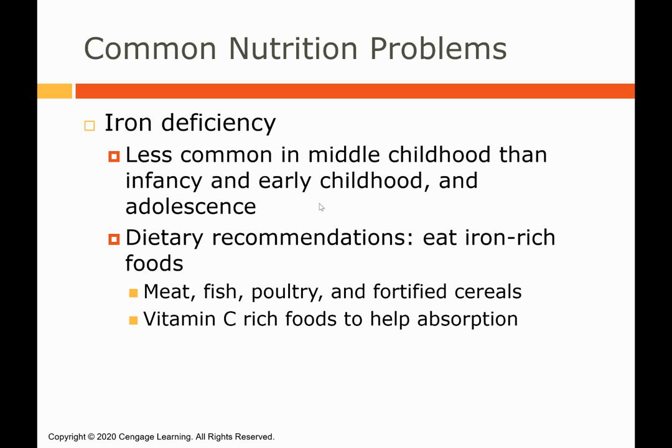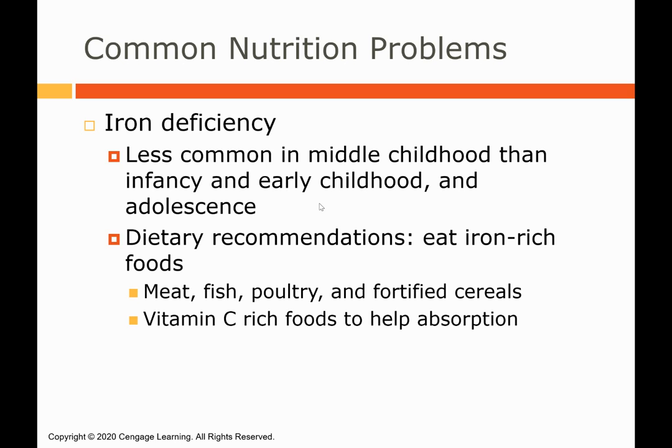And those growth spurts, we know, need a lot of nutrients for substrate, including iron. So they use up more iron in a more rapid period of time. So iron deficiency is less common during this time, which is a good thing. That doesn't mean we don't need to worry about it. Iron is still extremely important for brain function, for cognition, and for many, many other functions in our bodies. So eat iron-rich foods is still a key recommendation.